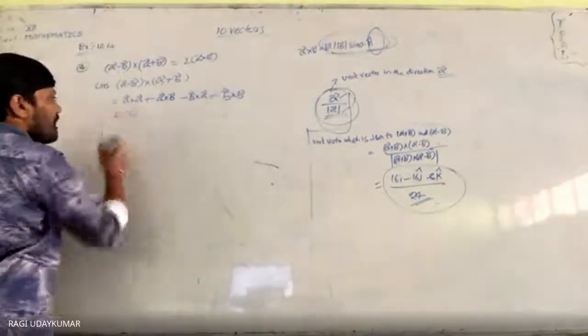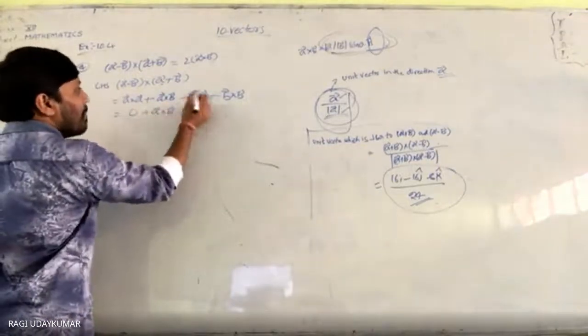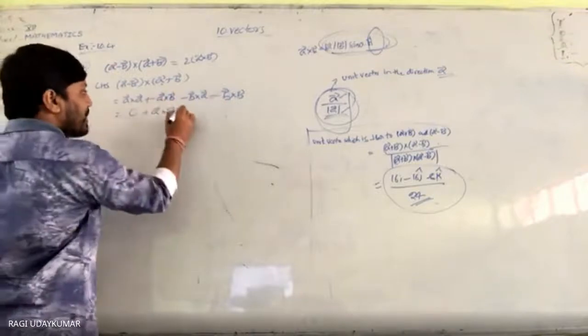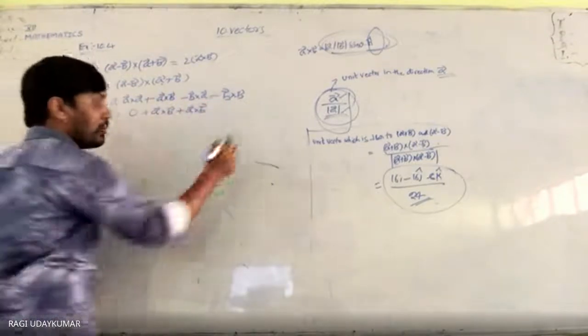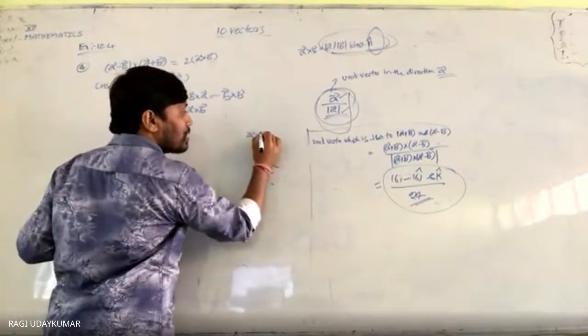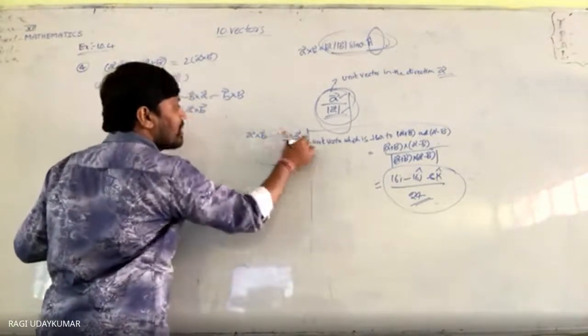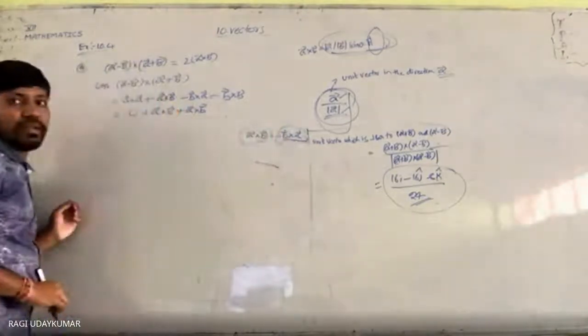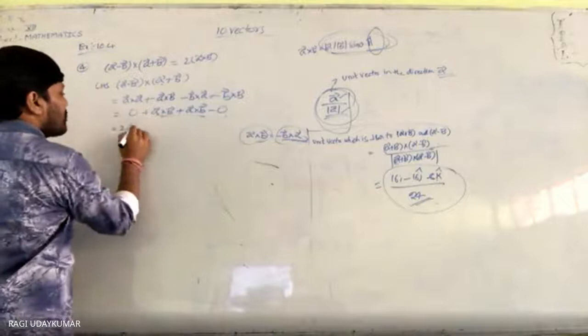The cross product of two same vectors is equal to 0, and this leaves A bar cross B bar. Minus of B bar cross A bar can be written as plus A bar cross B bar, because the commutative property is not satisfied. I already told you that A bar cross B bar is equal to minus of B bar cross A bar. And the last term is 0. So this is 2 times A cross B. Simple way.